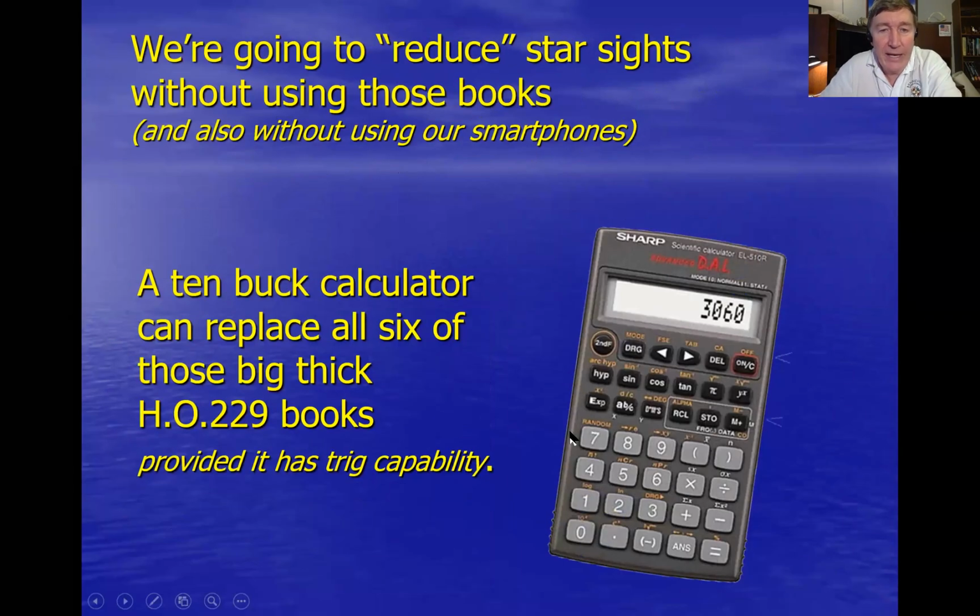And so what we're going to do tonight is use a simple calculator, and you'll see, at least I hope you'll see, that this one $10 calculator can replace all 6 volumes of the HO 229 book. It can cover the entire range, no matter whether you're at the equator or at the North Pole or anywhere in between. All you need is this one calculator, and all you need is one equation.